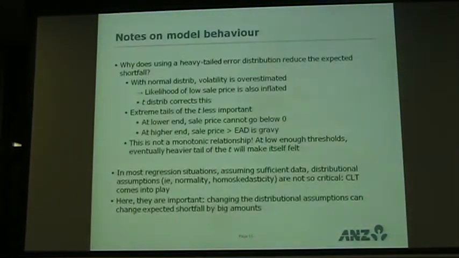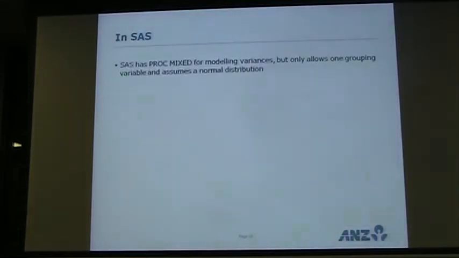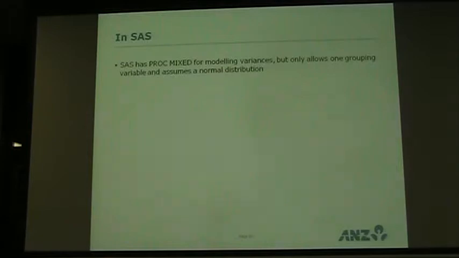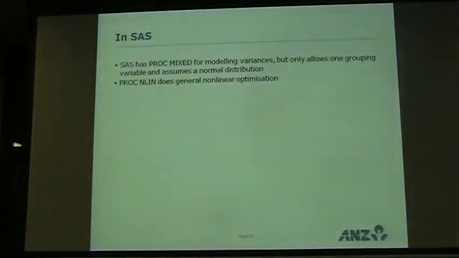Okay. So now I get to sledge SAS a little bit. SAS has PROC MIXED for modeling variances. This is a mixed models type thing, but it only allows one grouping variable and assumes normal distribution, so it's not quite doing what I want to do. You can use PROC NLMIXED to do general non-linear optimization.